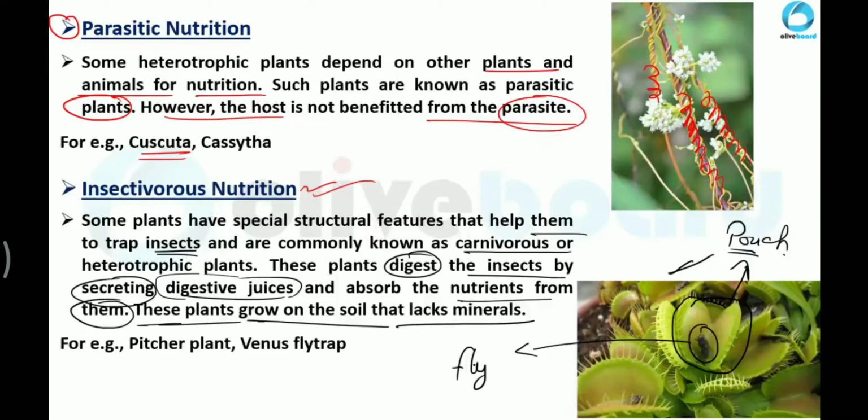Further, this plant will absorb the nutrients from this fly and fulfill its requirements. So this is the example of Venus flytrap and pitcher plants. These are insectivorous plants, so that's why they are categorized under insectivorous modes of nutrition, or heterotrophic plants.